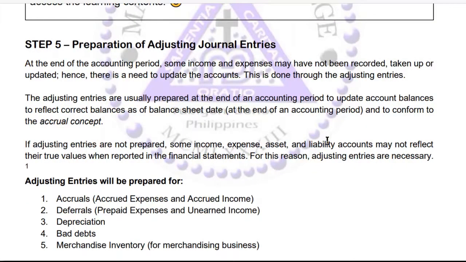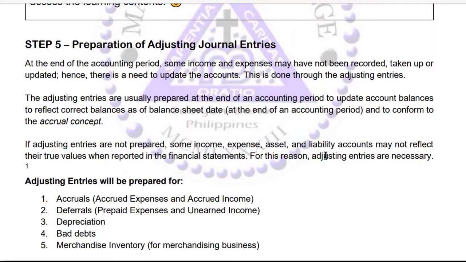So we already had the identification of the recordable transactions in step 1. We have the journalizing of accountable transactions in step 2, the posting of the journal entries to the ledger in step 3, and step 4 is the preparation of the trial balance.